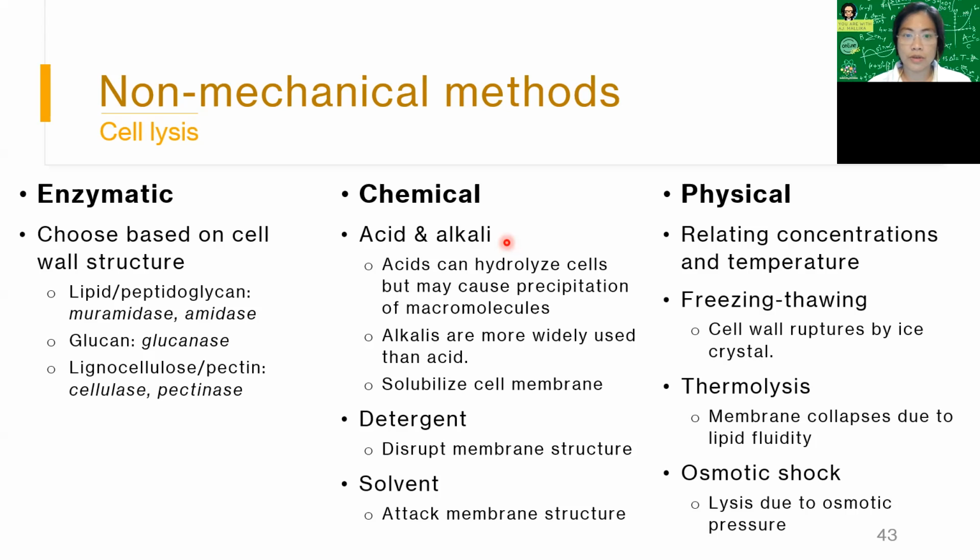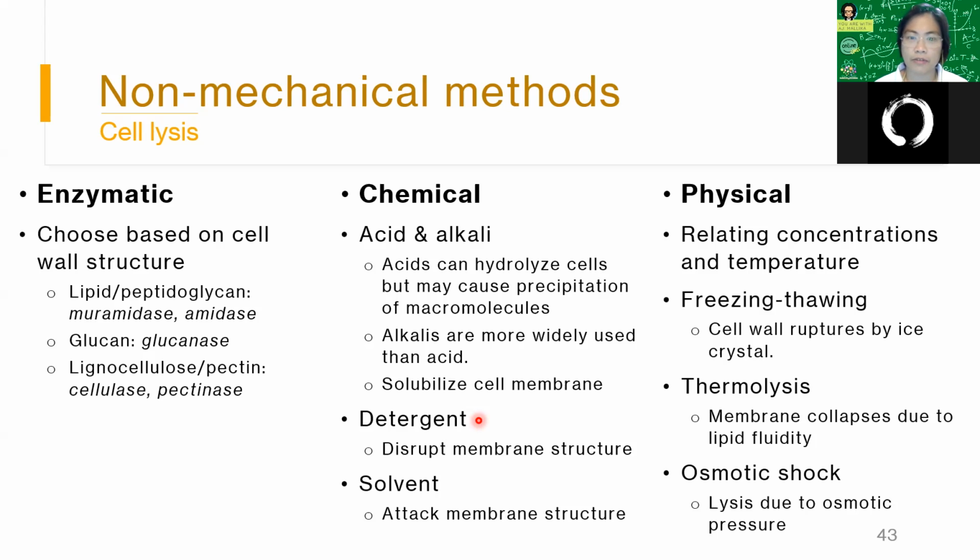Most of the chemicals are aimed to solubilize the cell's membrane. So it destroys the cell membranes and allows what is inside to be released. Okay. Another type of chemical that could be used is a detergent. A detergent would disrupt the membrane structures. An example would be, I think, the use of Tris or something when you need to extract out the DNA.